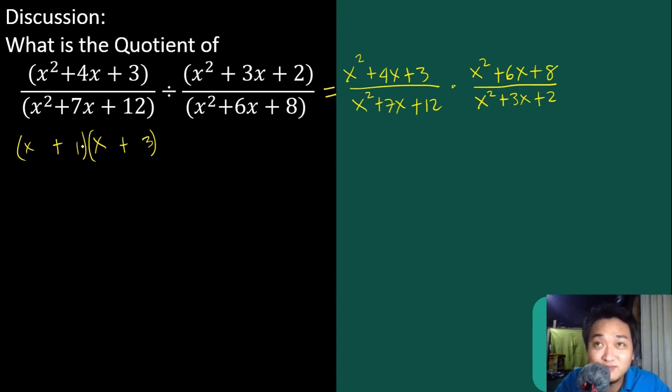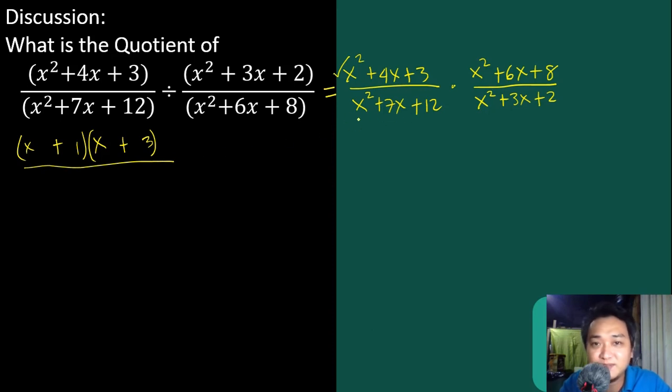Pero, meron tayong obligation po na i-double check kung yung mga factors natin ay tama. So, the inside term will be x and the outside term will be 3x. X plus 3x is 4x. So, tama. Correct. Tama yung factor natin.